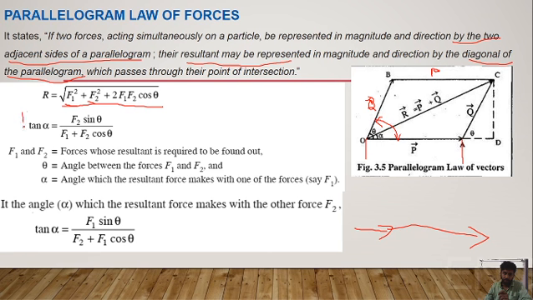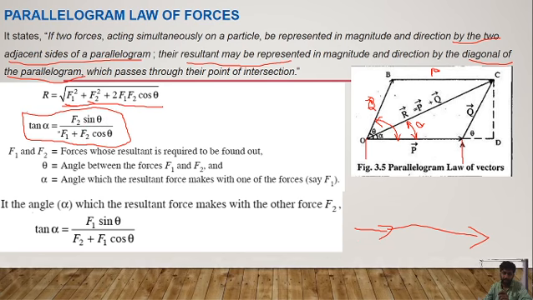And the second formula we have to study is the angle alpha. Alpha is the angle of the resultant. This is the angle alpha, which is given by tan alpha equal to F2 sin theta divided by F1 plus F2 cos theta.